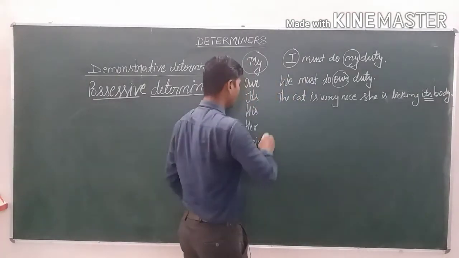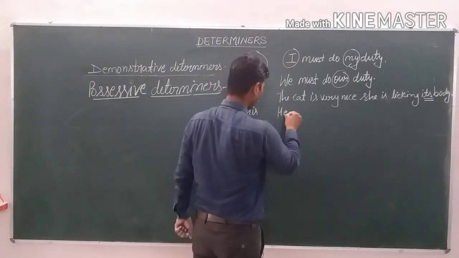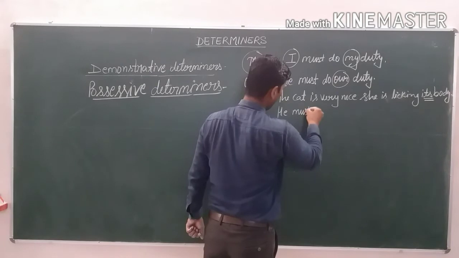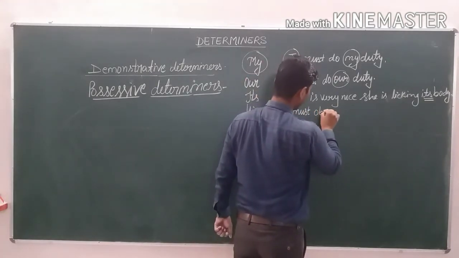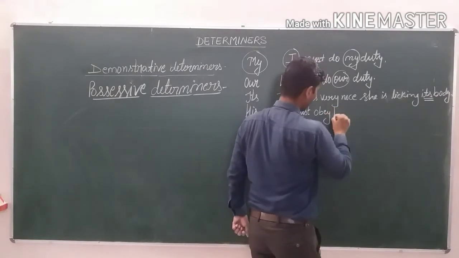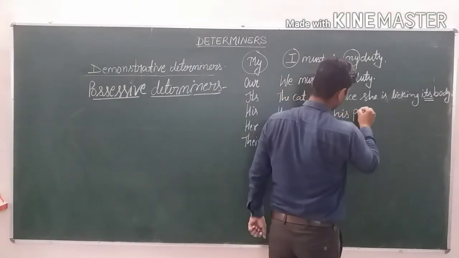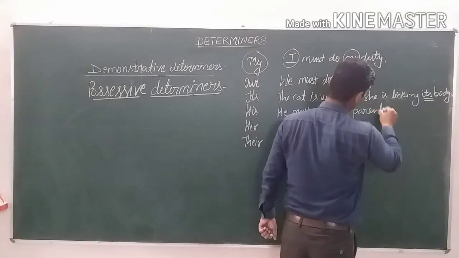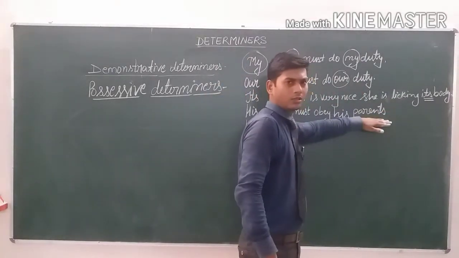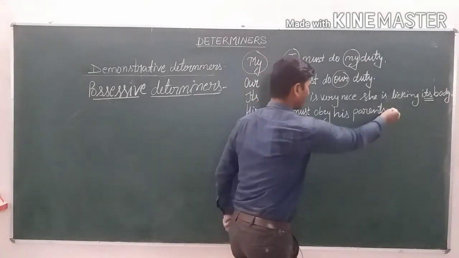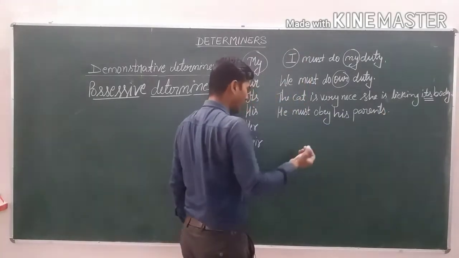Next thing is that he must obey his parents. He must obey his parents, right? Next sentence you can note down.